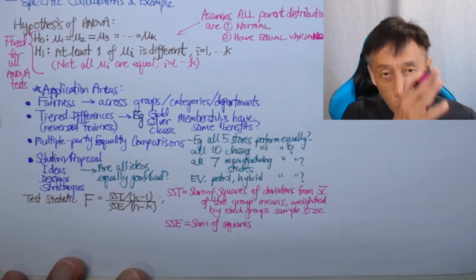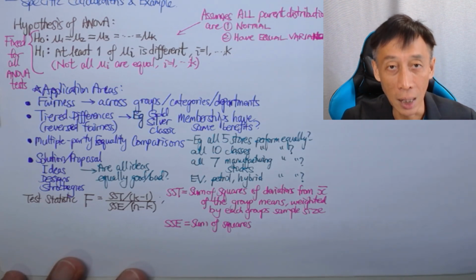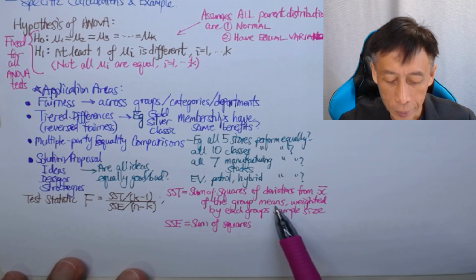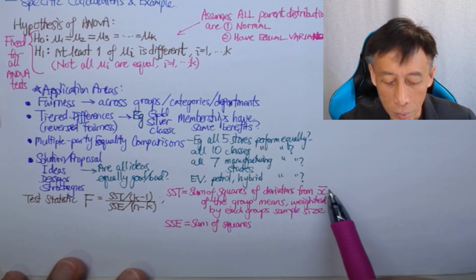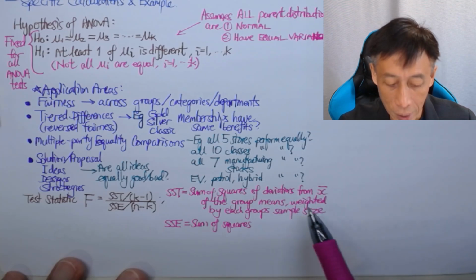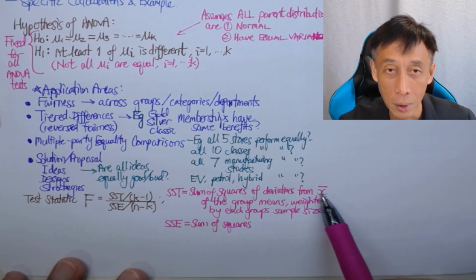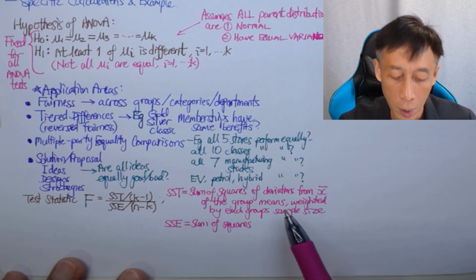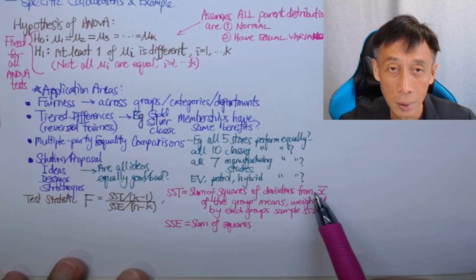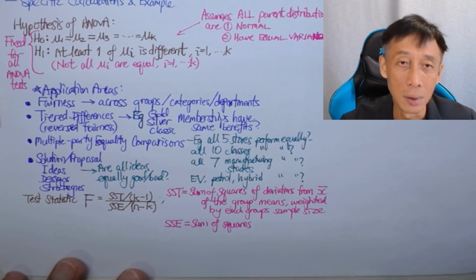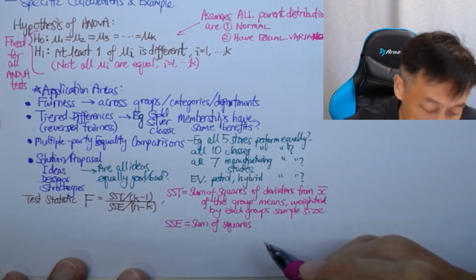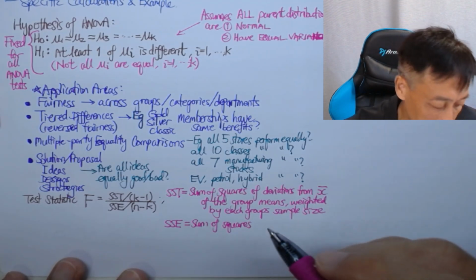So 10 workers, we find their average hours, that's the group mean, so x1 bar, x2 bar, x3 bar. Then x1 bar minus x bar, we square it. x2 bar minus x bar, then we square it, and so on. But weighted by each group sample size. So x1 bar minus x bar, bracket square, then times n1. So weighted by the sample size. Same thing here, right? But now it's happening within group.